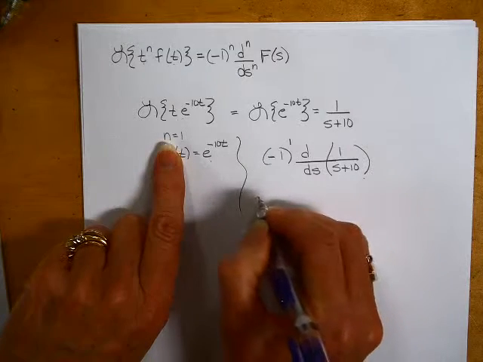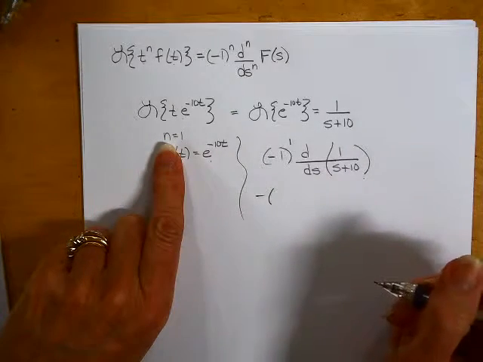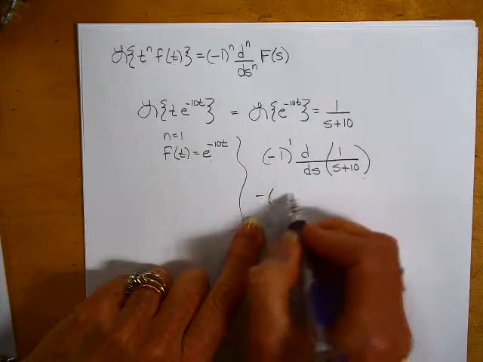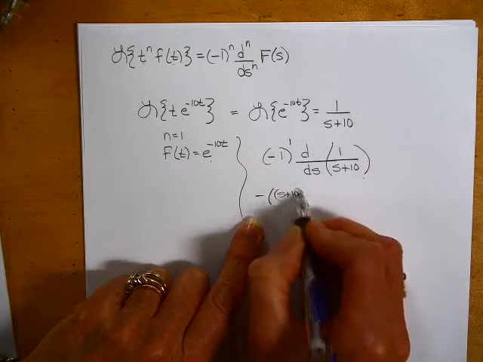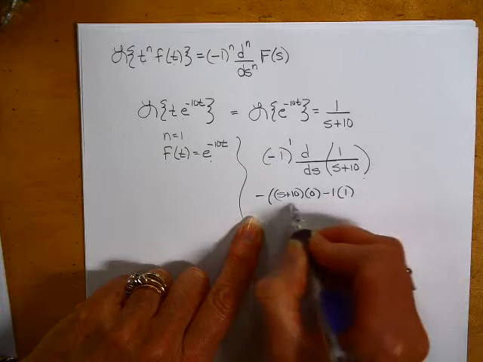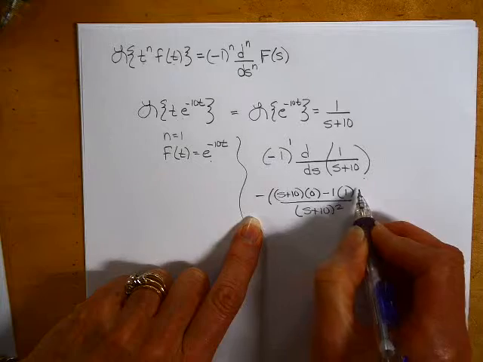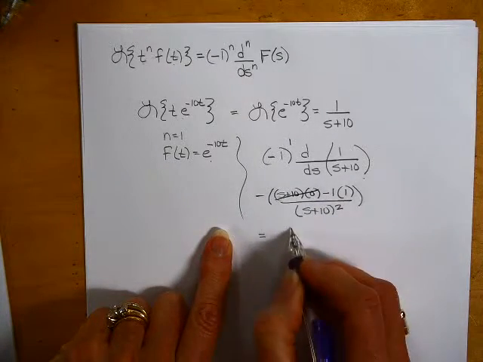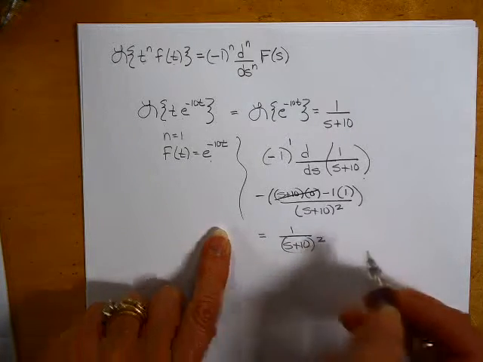So the Laplace transform is negative whatever this derivative is. You could use your calculator for the derivative, but if I did bottom times the derivative of the top minus the top times the derivative of the bottom over the denominator squared, then that's 0, and this is going to give me 1 over s plus 10, the whole thing squared.